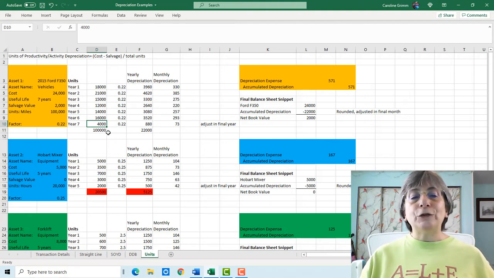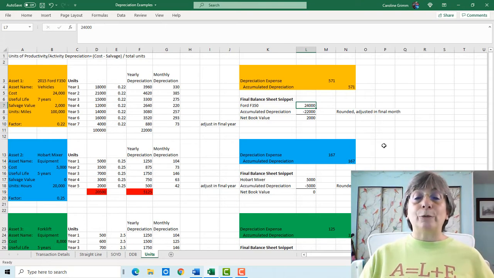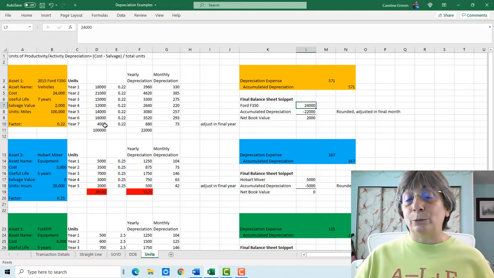Because when all is said and done, what we want to end up with on the balance sheet is our cost, $24,000, and accumulated depreciation that is not more or less than $22,000, leaving us with our net book value of $2,000. So we're going to adjust that amount in the final year if we need to, and chances are pretty good that we'll need to.